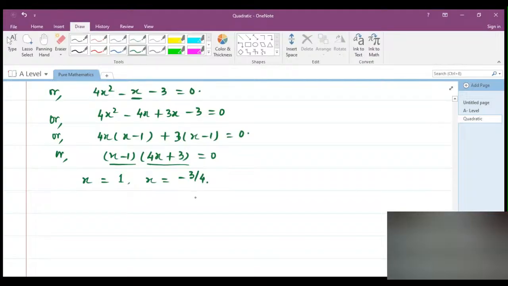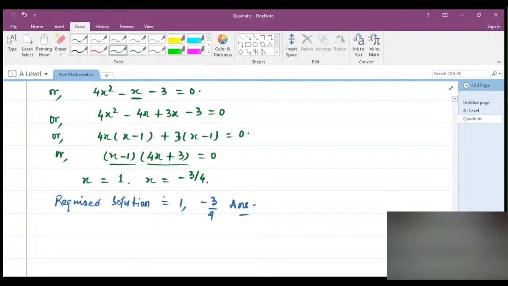There is no problem. So the required solution here will be 1 and minus 3 by 4. So this is the answer.